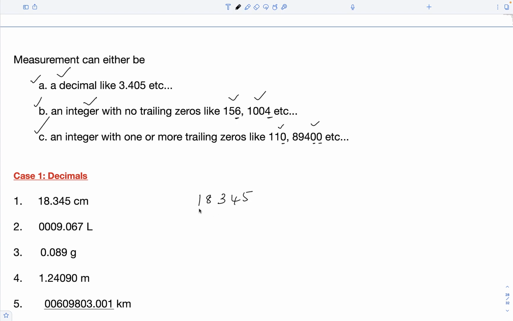Then to get the number of significant figures, drop every digit that does not change its magnitude and count the remaining digits. As simple as that. Now, I cannot drop any of these 5 digits because dropping any of these digits will change its magnitude. So I have to keep all these 5 digits. So the number of significant figures in this case is 5.